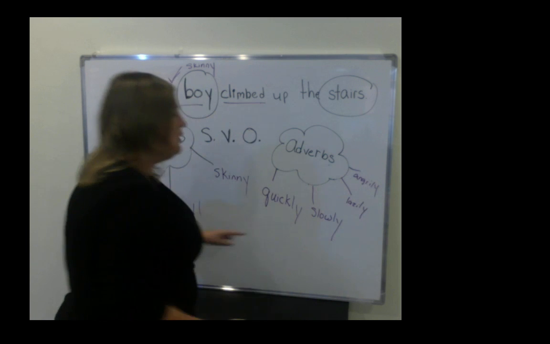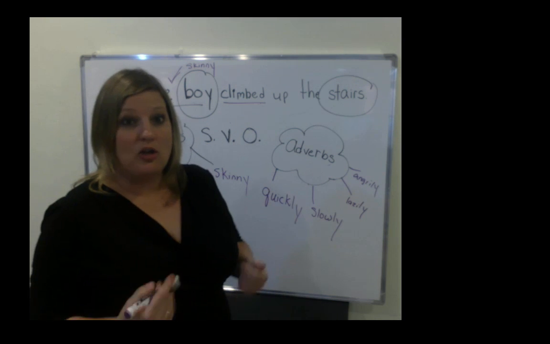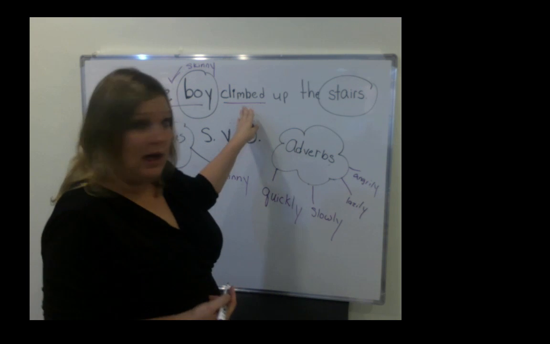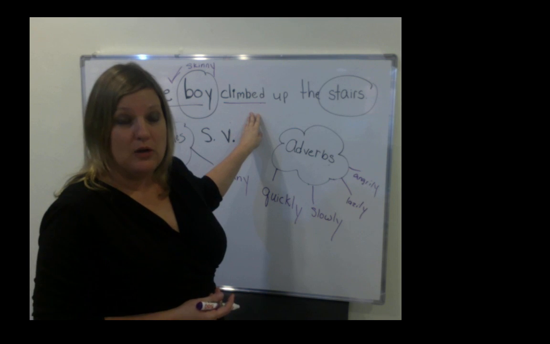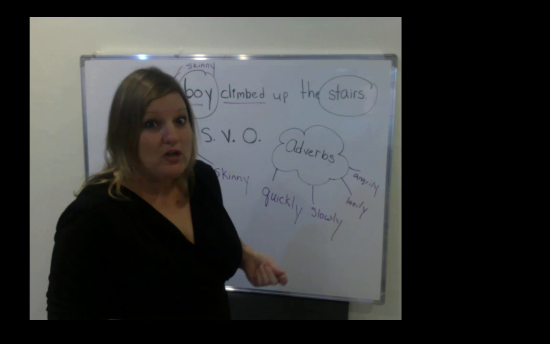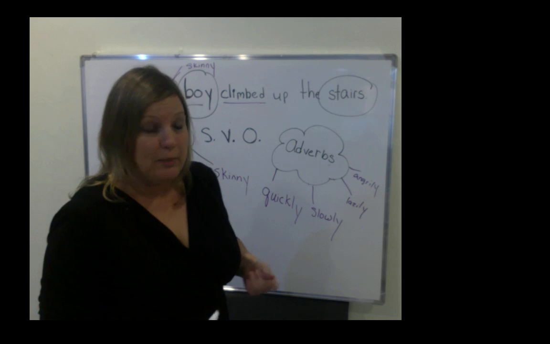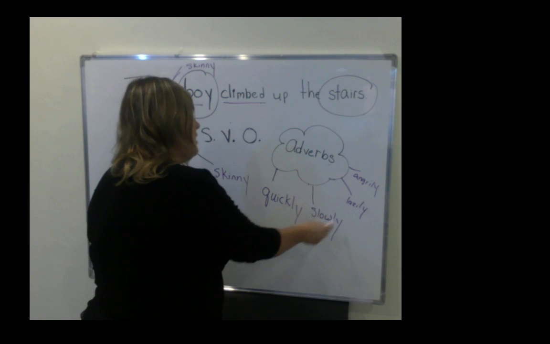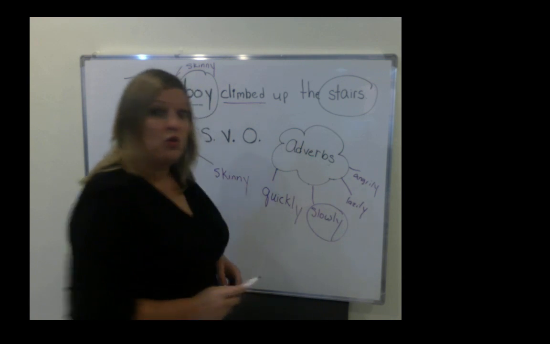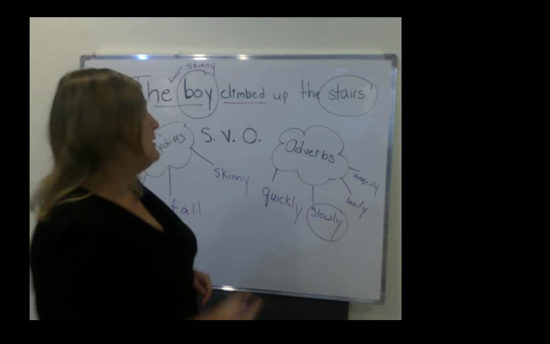There are many, many ways that we can use to express how the boy climbed up the stairs, depending on the situation that we're writing about or talking about or describing. Today, let's go ahead and insert the word slowly into the sentence.